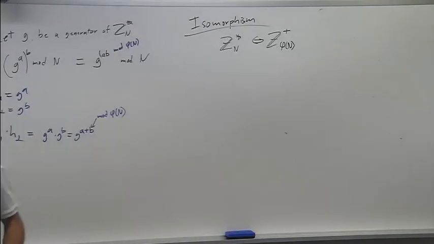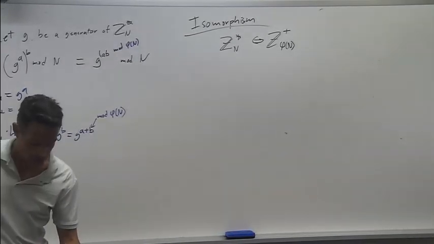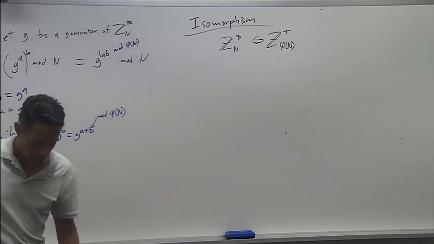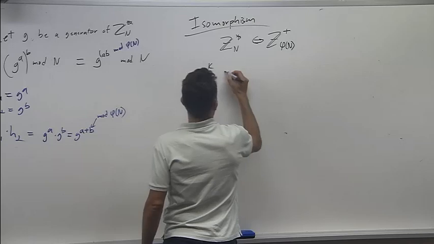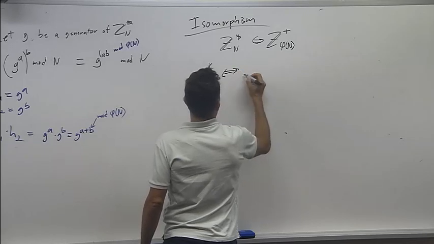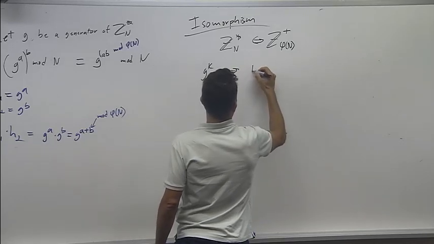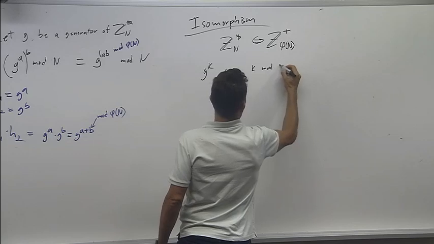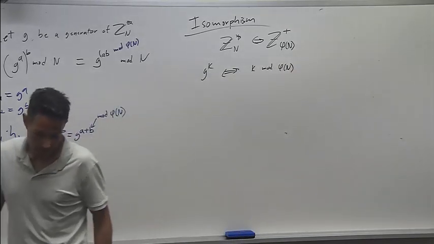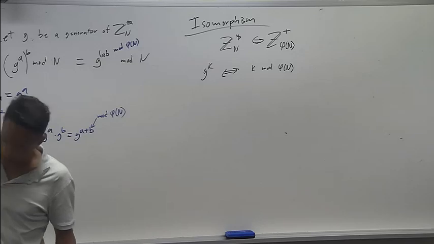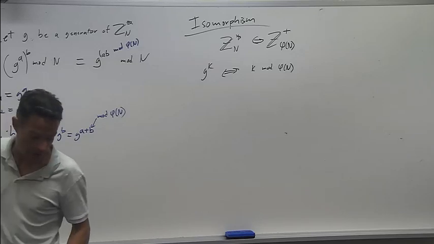I have my notes here. So yeah. K is equivalent to a mod n, and everything else that I pointed out there.